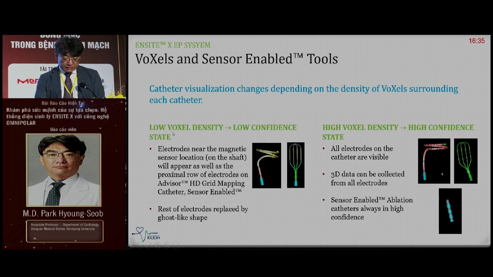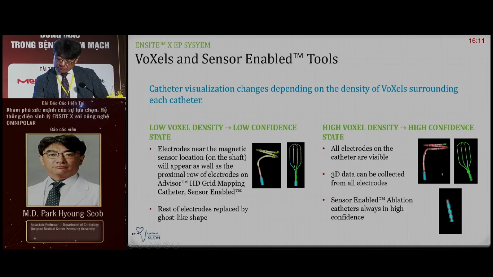But when there is a low voxel density, there is a low confidence state, and you have a limitation when creating the maps. When you create high voxel density, there is a high confidence state. All direct electrodes on the catheter are visible, and 3D data can be collected from all electrodes.